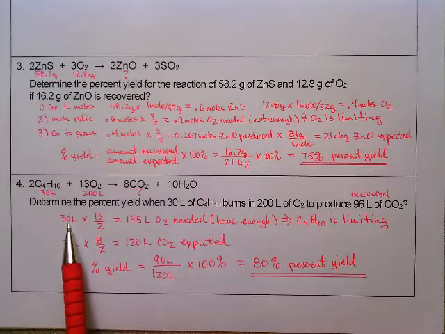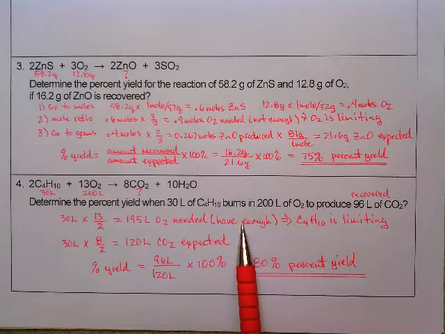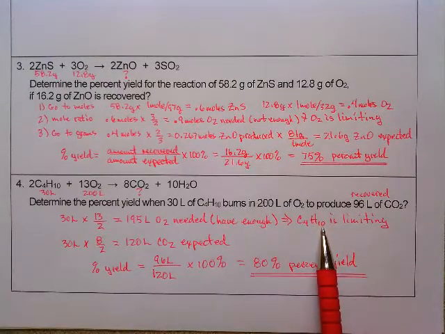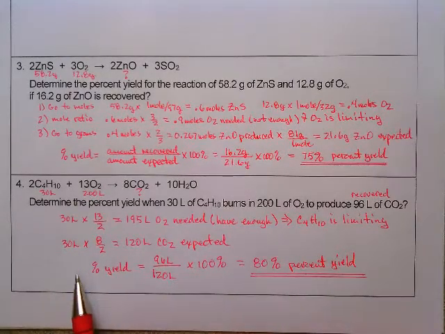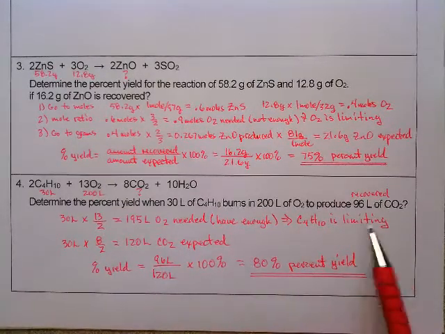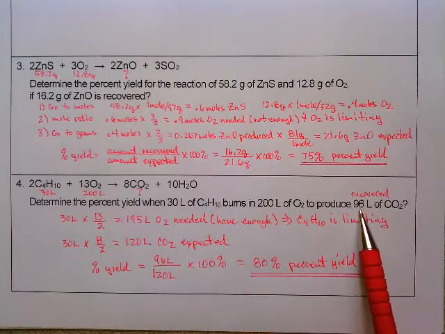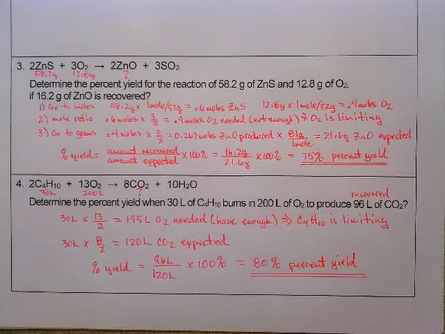For 30 liters to be used, I needed 195. I got 200. I have enough. Therefore, the 30 liters is the limiting part. Then use that to figure out how much CO2 is expected. Again, it's a volume problem, so all I need is the mole ratio. And then how much I actually recovered versus how much I expected, times 100, and I have my 80% yield. So, percent yield problems.